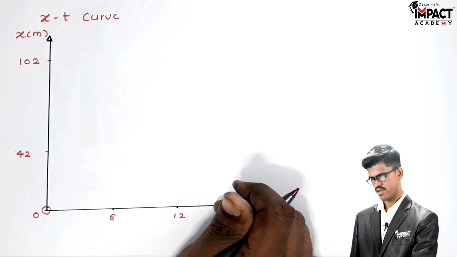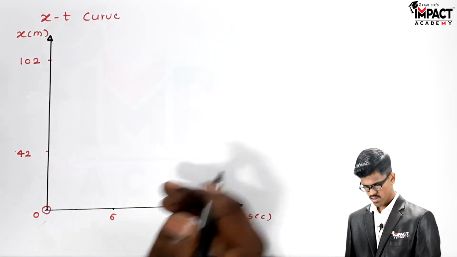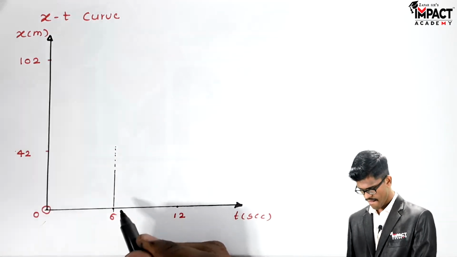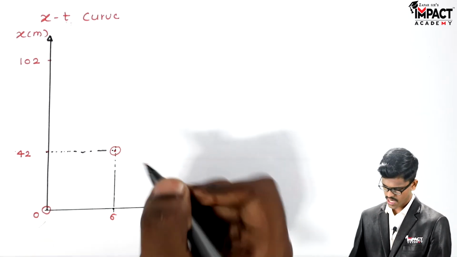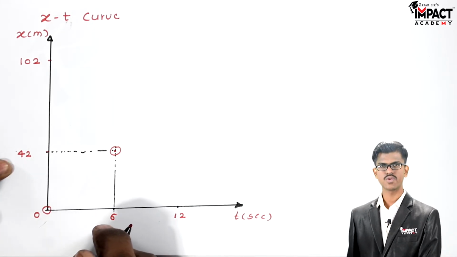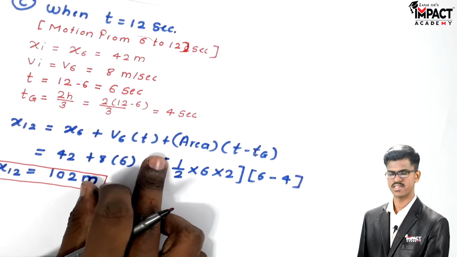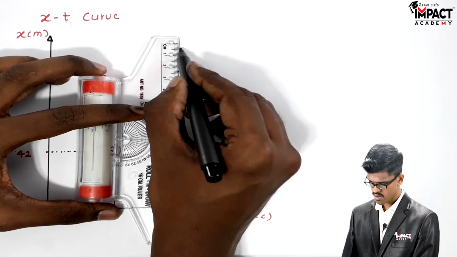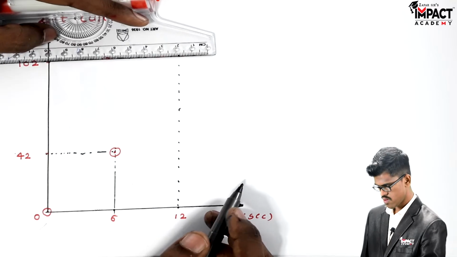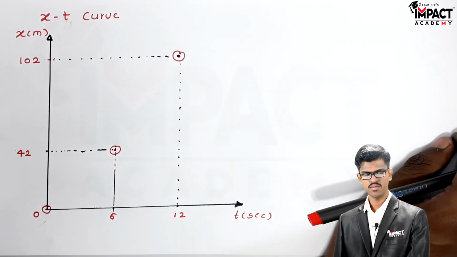Then when t is equal to 6, x6 will be 42. So our second point is this, when t is equal to 6, x is equal to 42. Then our third point, when t is equal to 12 seconds, x12 will be 102. This is our third point.